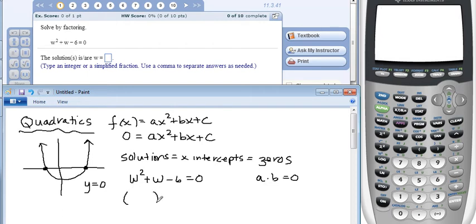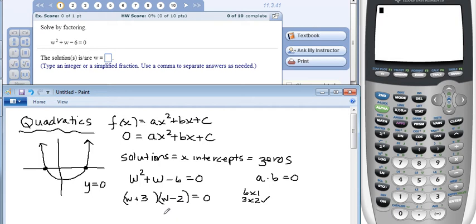So here I have a standard quadratic. It's one of those easy ones. My variable is a w. I'm going to have different signs because my back one is negative. And my factors of 6 are 6 times 1 and 3 times 2. They have to subtract to a 1, so that's this pair here. I have a positive 1, so I put the bigger number with the positive and the smaller number with the negative.